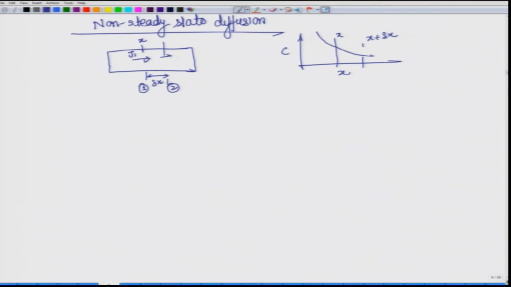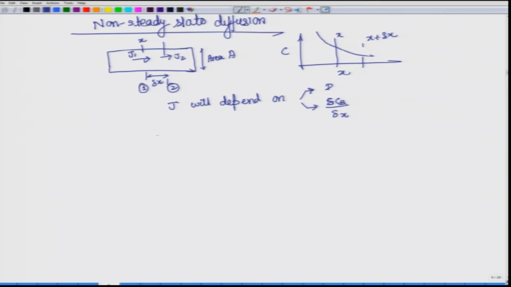The flux of atoms across plane 2, we can call J2, and let us say the area, because we will need this, which will get cancelled out eventually, is A. Now this J we know will depend on two things, one is D and the other is, right now I am not writing in differential form, because we are talking about a little longer width, so we are putting it like this, delta C_B by delta x.